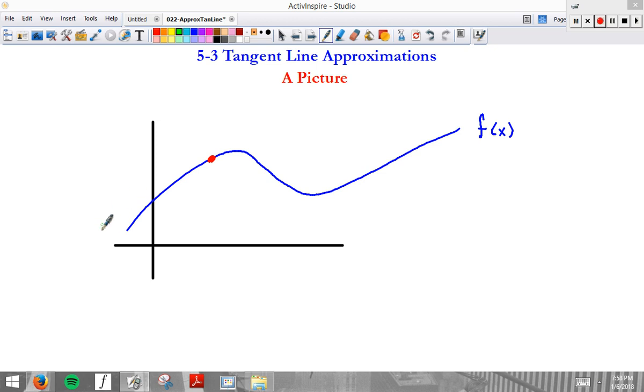So when we do that, we get something like that. And if you recall, the tangent line, we'll just label it TL for now, tangent line. So the tangent line matches that point, and because its slope is the slope of f, its behavior near that point is very similar to f.